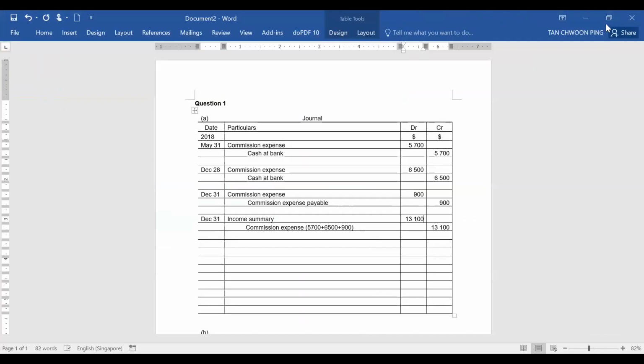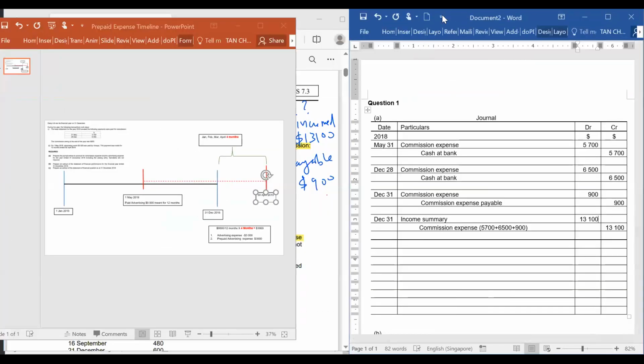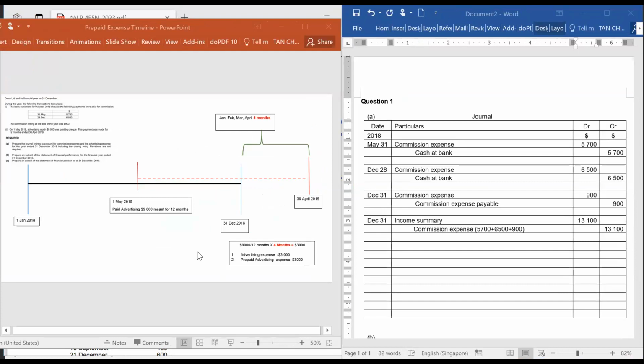So what we're going to do is, after we have looked at the timeline that we have prepared, now we are ready to transfer all this into my journal. So let's take a look at how we're going to do the journal.